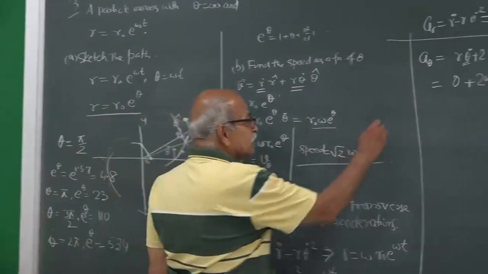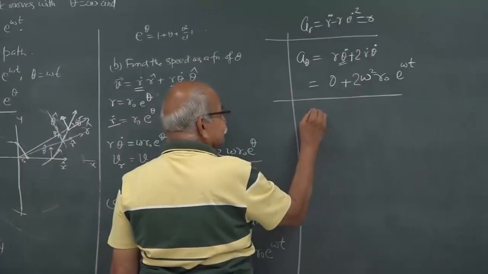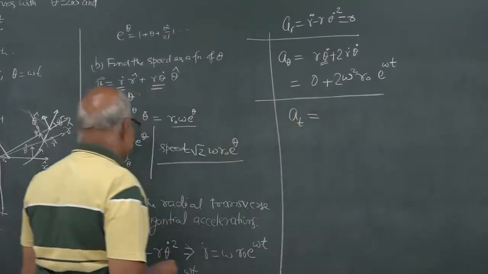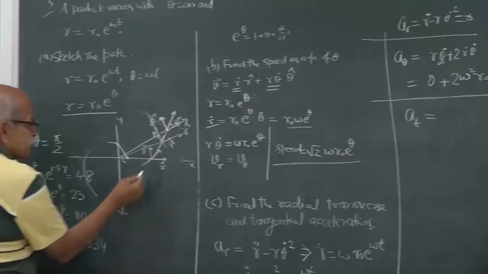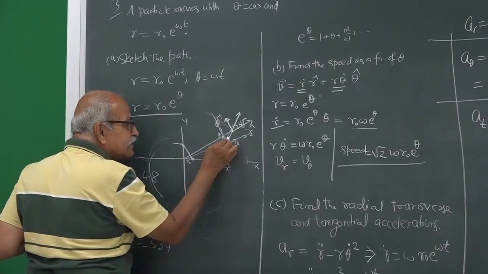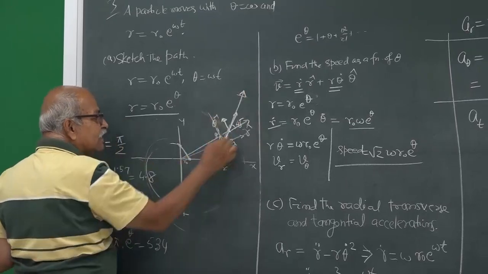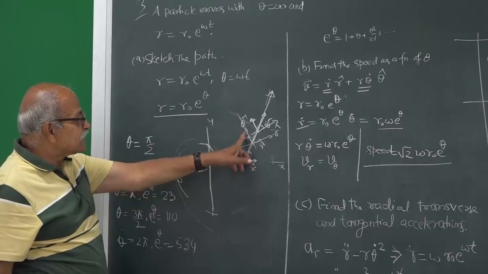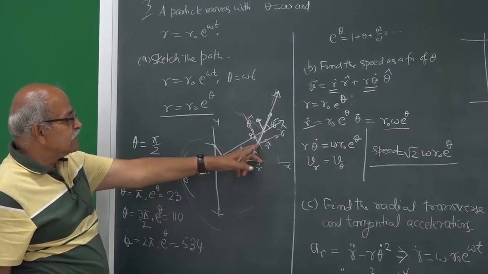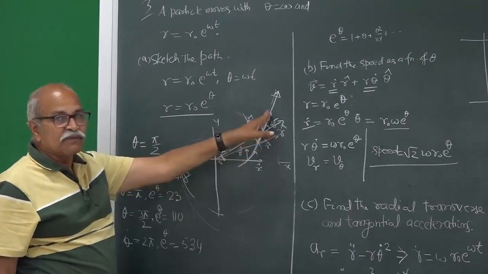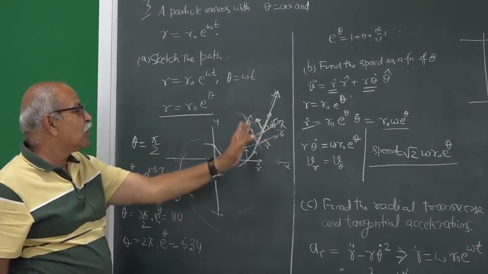And tangential acceleration, AT, you can write. What is that? Acceleration along the tangent. If this is the path, then this is the tangential direction, and in that direction, what is the acceleration? In the theta cap direction you have the full acceleration. So, if you need a tangential component, you just multiply by cos of that angle.